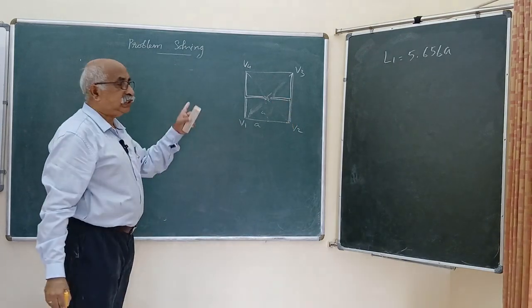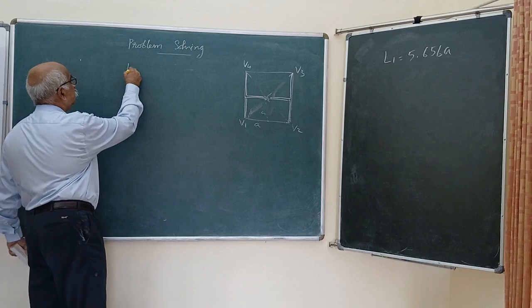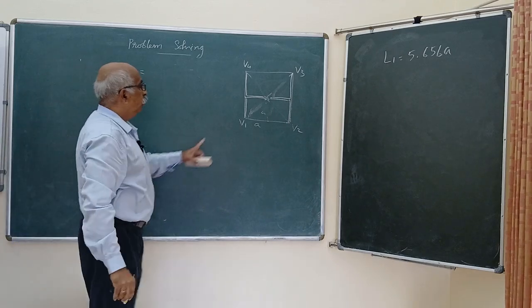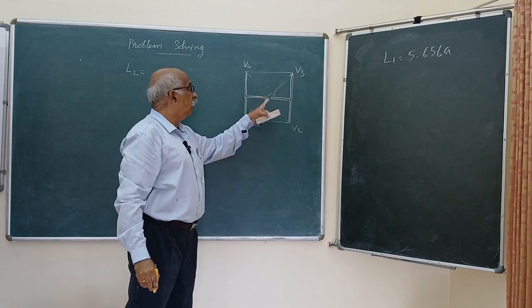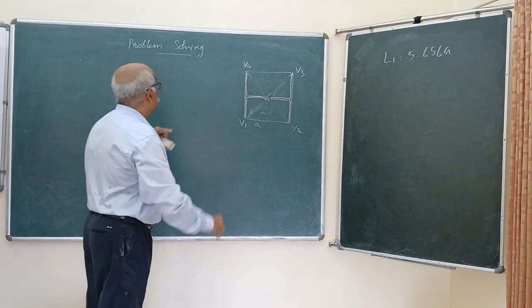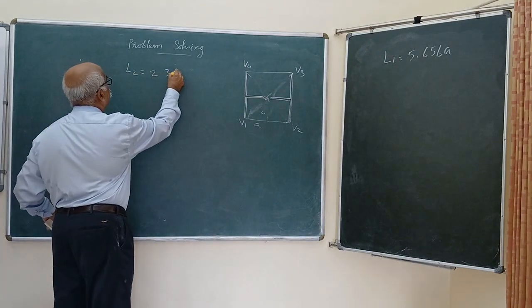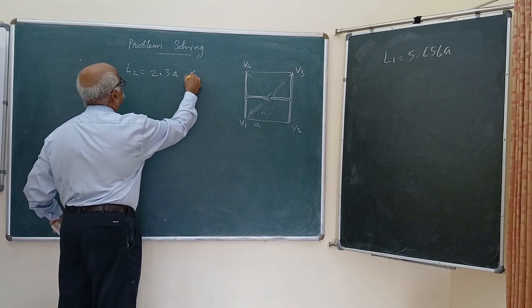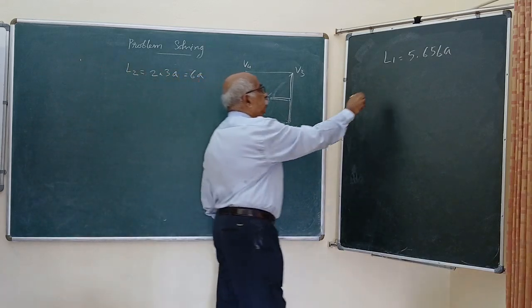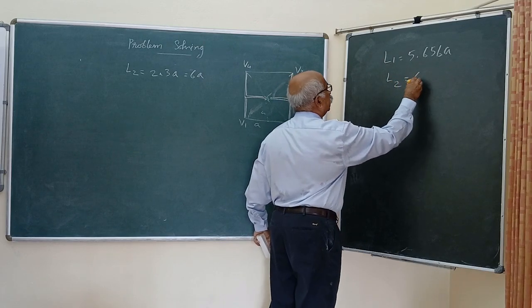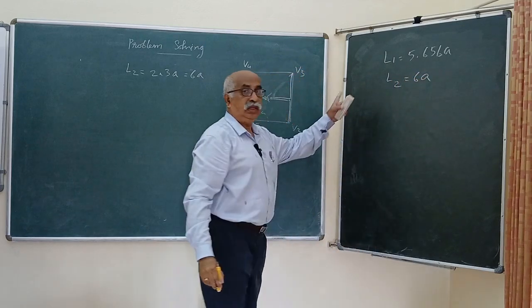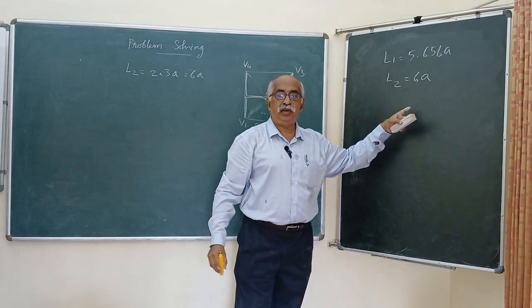What about the distances involved? In that case, L2 is equal to this is A, this is A, this is A, 3A, two such things. That is 2 times 3A, 6A. L2 is equal to 6A. Clearly, L2 is greater than L1.